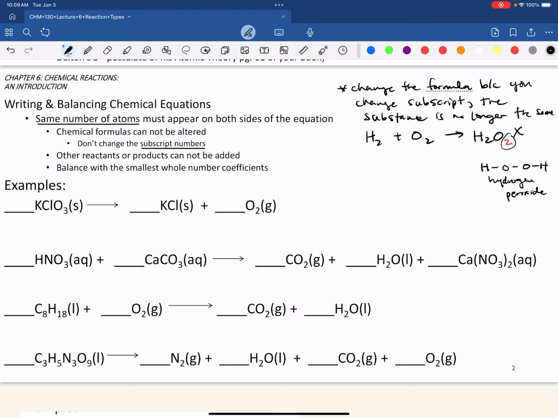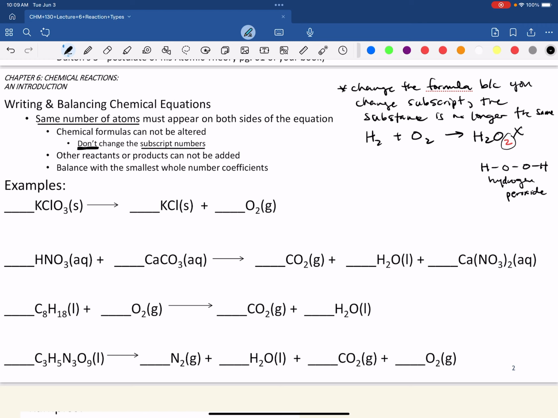And the problem with that is now it's no longer the same expression of a chemical reaction. So whatever you do, do not change the subscript numbers. When you're balancing, you can only change the numbers in front. We will talk in one of the next videos about when it is okay to alter the subscript numbers. But for now, when you're balancing, you cannot alter the subscript numbers.